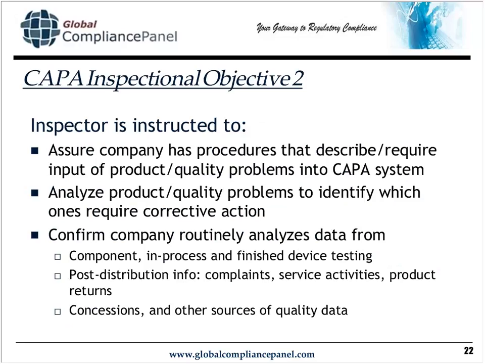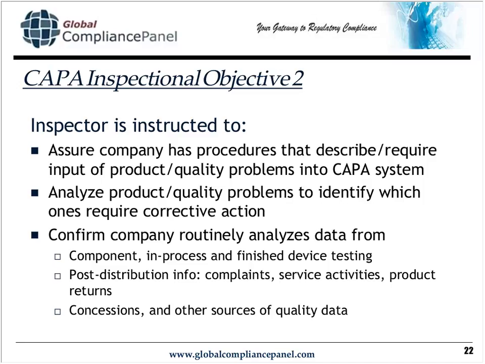And the inspector is going to look at your quality problems to identify which ones require corrective action. Not all of your problems will require corrective action, but those that do not need an explanation as to why they do not, either in each individual investigation or in your SOP, in your procedure. For example, we have an SOP that says that individual in-process nonconformances do not require corrective action, but they will be trended, and those trends will determine whether corrective action is required.